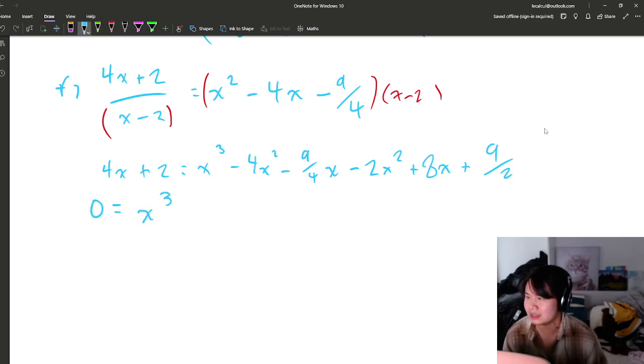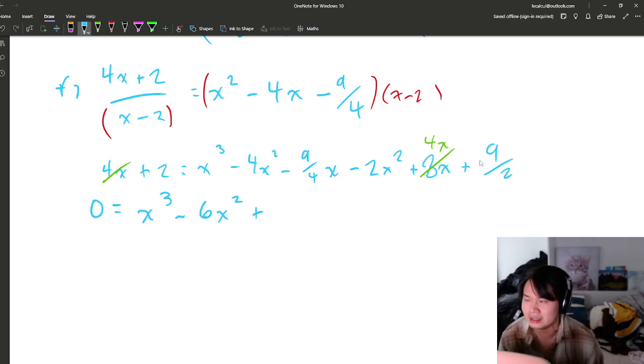Collect all our like terms. Oh my god, okay, where are my x squareds? I think I have a minus 6x squared. And then where are my x's? So 4x is gonna minus here. This is 4x. And then 4x is gonna collect with negative 9 over 4x. So these two are gonna collect like terms. So what is 16 minus 9?